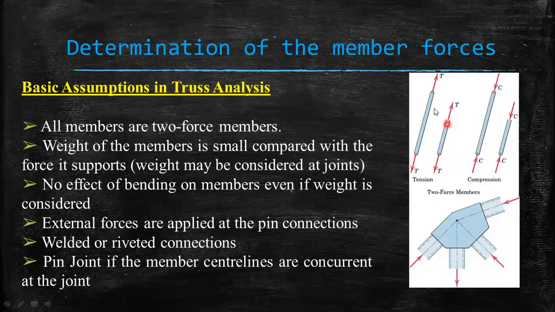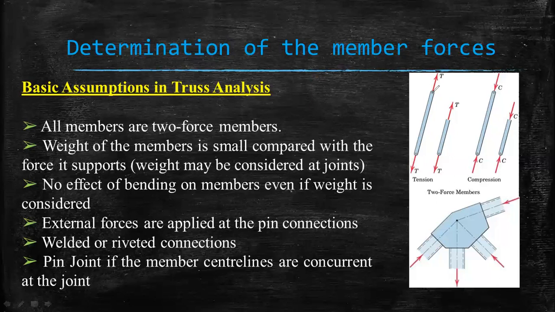In this case, there is no contribution of bending moment, because as you have seen, all the joints of the truss structure are pinned joints. I have already discussed this. The joints are pinned joints, and when there is a pinned joint, we are allowing rotation.